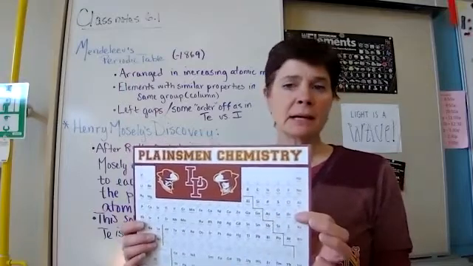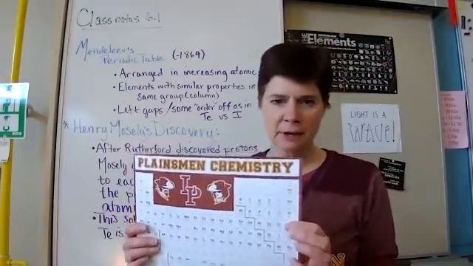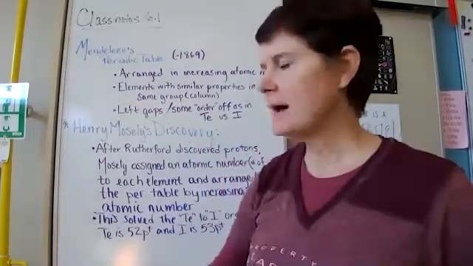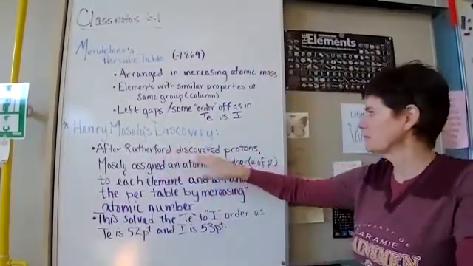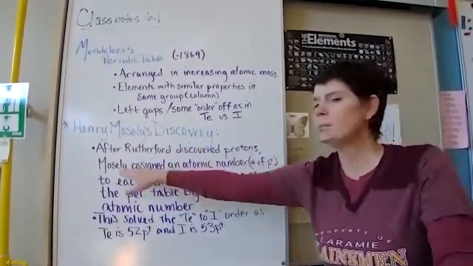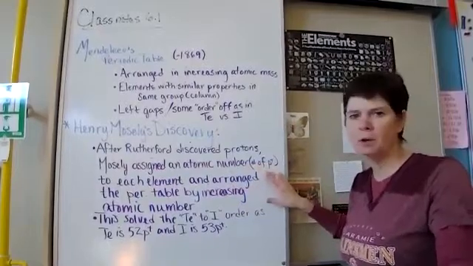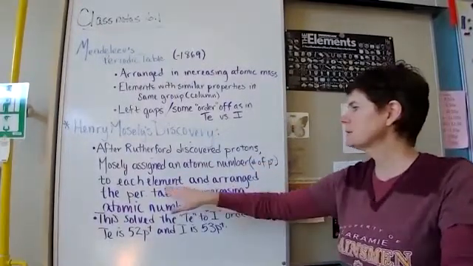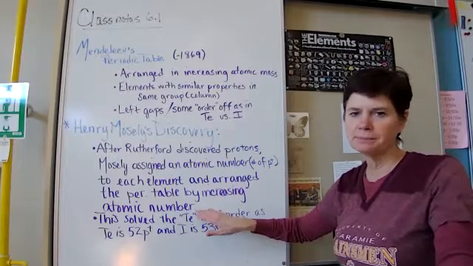Now, the reason that Moseley could do that is that subatomic particles had been discovered at that point. In fact, we know from the gold foil experiment that Rutherford was the scientist attributed with discovering protons, but it was Moseley who assigned atomic numbers, which again, that's the number of protons, to each of the elements and arranged the periodic table by increasing atomic number.